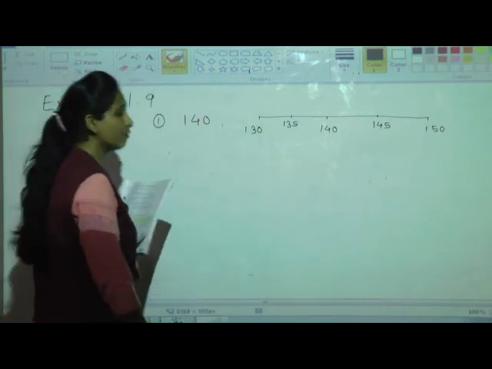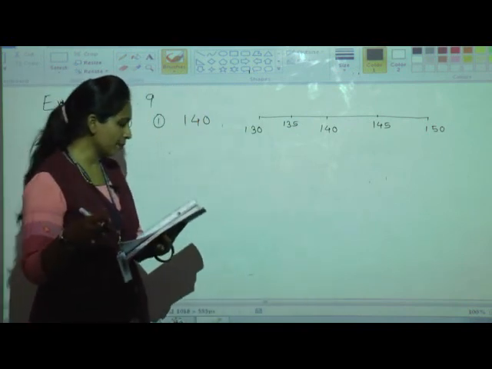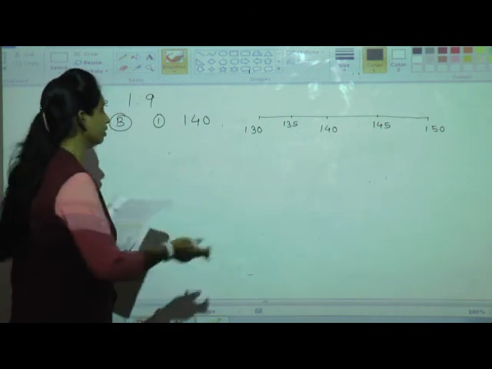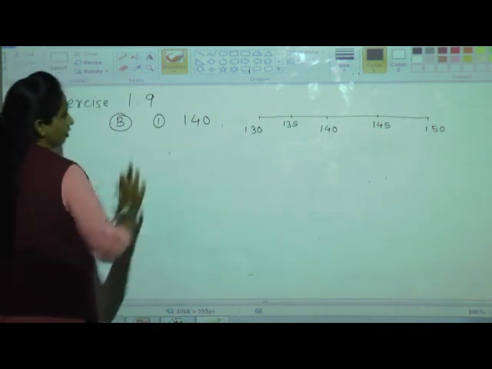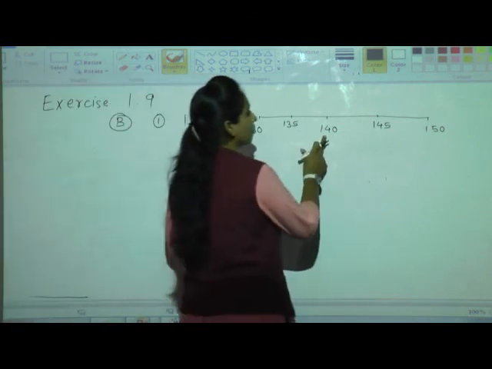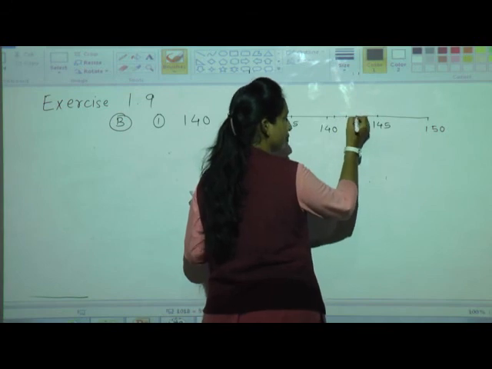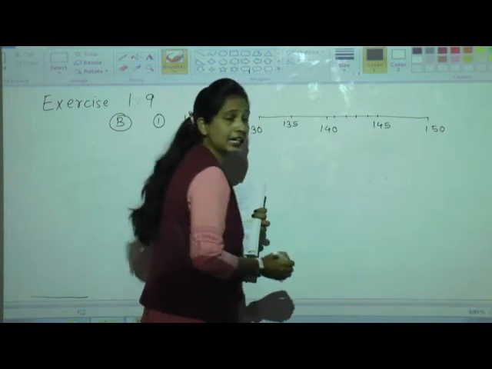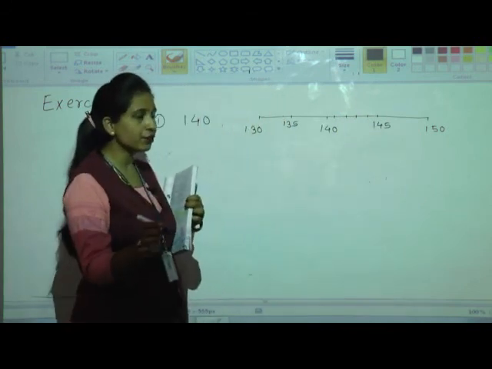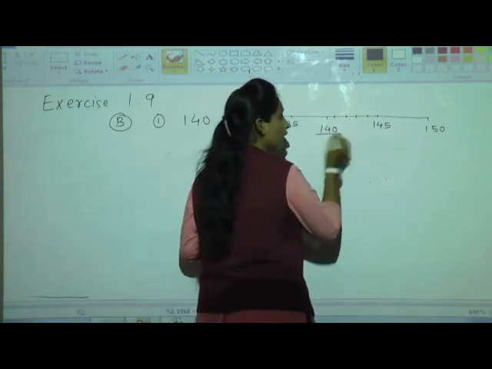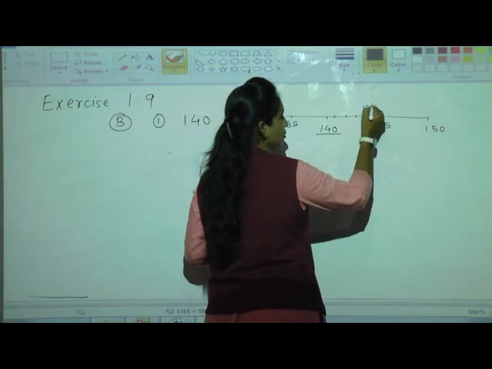So 140 rounding numbers we have to find out. What numbers can be rounded to the nearest tens of this given number? See, 140, if 141, 142, 143, 144. If 1 till 144 is the number they had given, we round to 140. Yes or no, students?